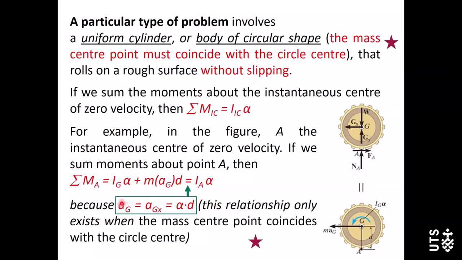So substitute this AG into this equation, then rearrange this equation. We will get IA alpha, where IA is the MMI of this rigid body about this IC point A, times alpha.